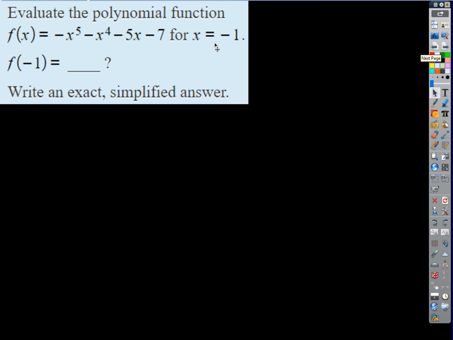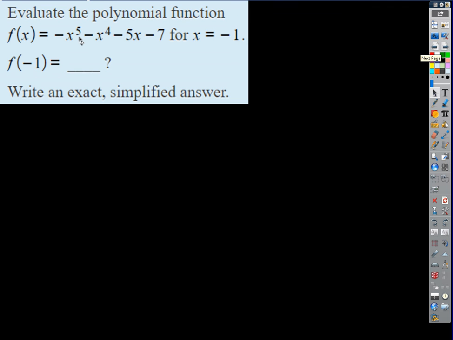What if the coefficients were pretty big and the value we were plugging in was a pretty big number? Then plugging that number in and doing that huge calculation, unless you have something like Desmos, that's not a big deal. But if you're trying to do this by hand, without the benefit of any technology, you're going to be expanding out some pretty big terms here, right? Like if x wasn't -1, if it was like 11 or 13 or something, well, 13 to the 5th is a big number, right?